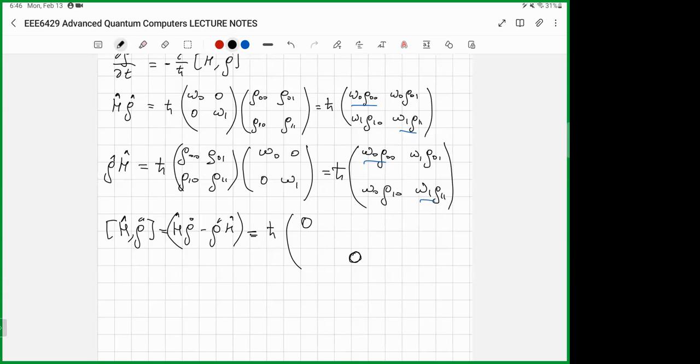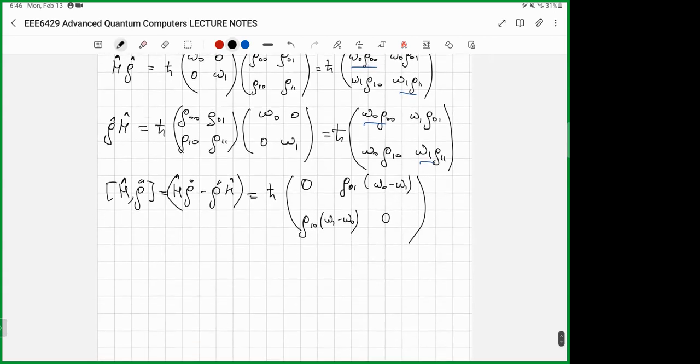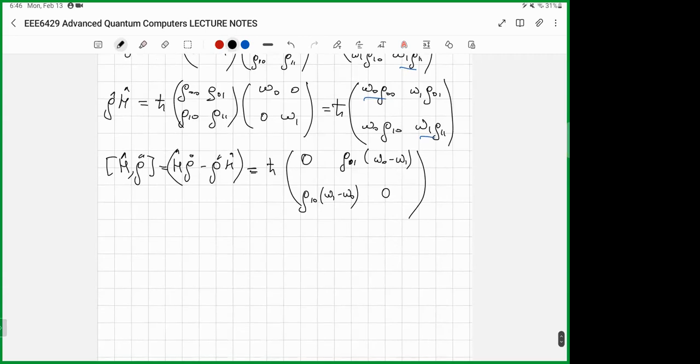And for the off-diagonal elements, I can factorize the density matrix elements, and here we'll get omega 0 minus omega 1, and here rho 1 0, omega 1 minus omega 0. Something like this.